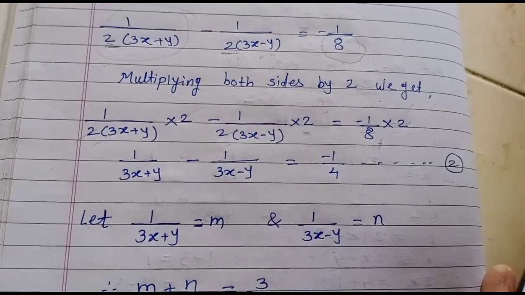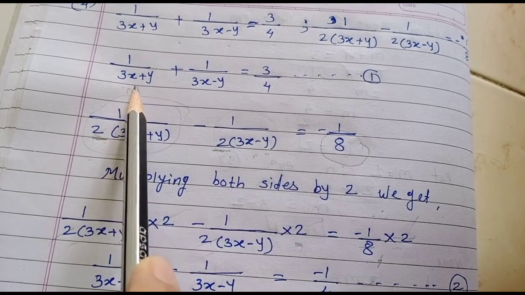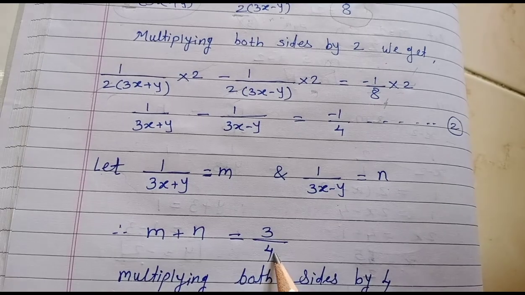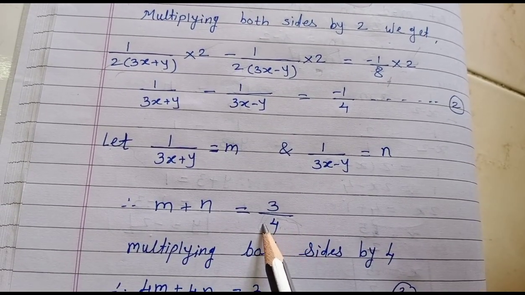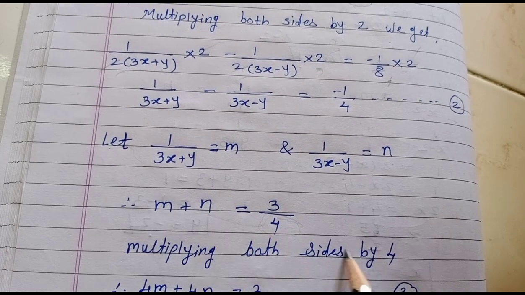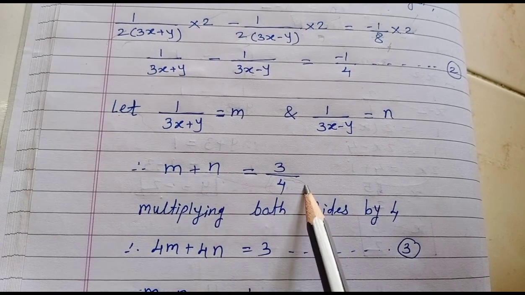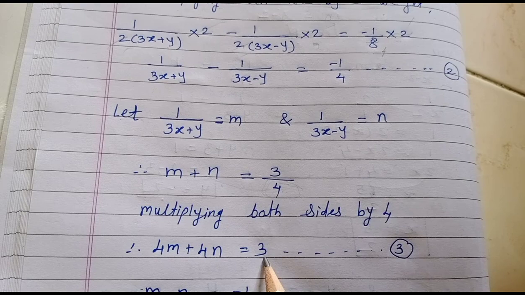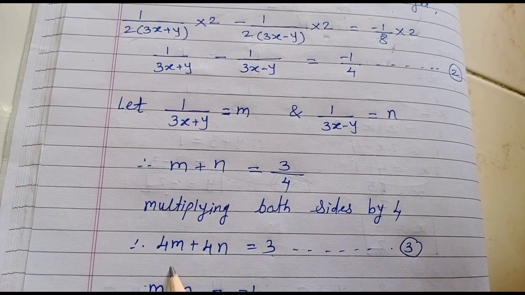Okay, now to cancel this denominator 4, multiply both sides by 4, then 4m plus 4n is equal to 3, the 4 cancels and only 3 remains on the RHS. That is your third equation.